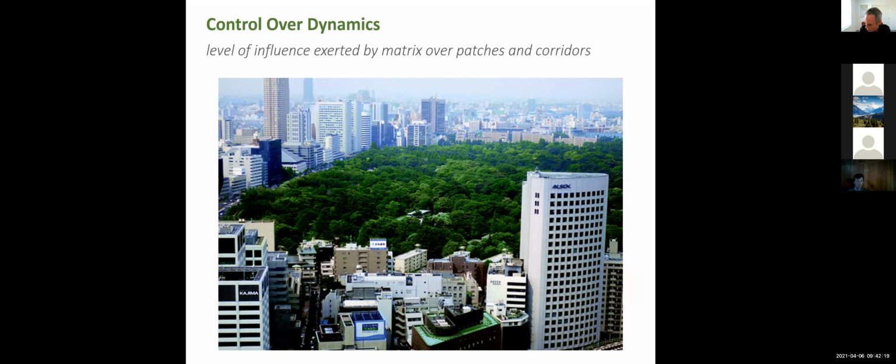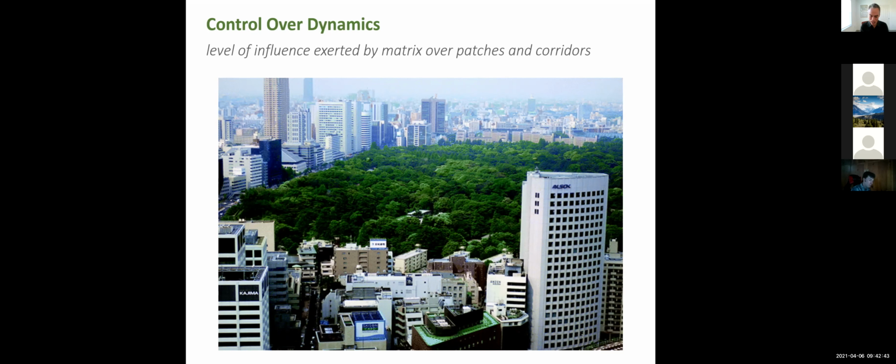So again, those are the two aspects: the proportion of matrix to patch. We know already that the matrix is going to be whatever the greatest land cover type is within that study area, but how much greater is it than the amount of habitat patches, for example? And then also how high is that contrast?